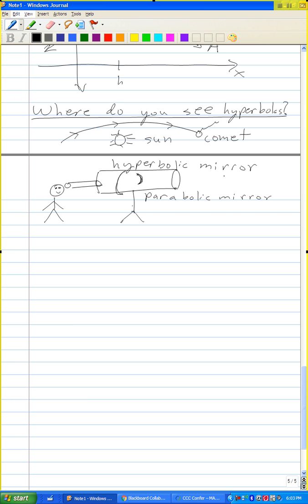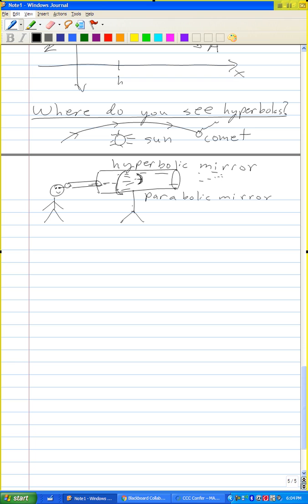All your light from the stars will come in and then focus in on your eyes. Many telescopes work in that fashion, and then you'll usually have an extra lens there.